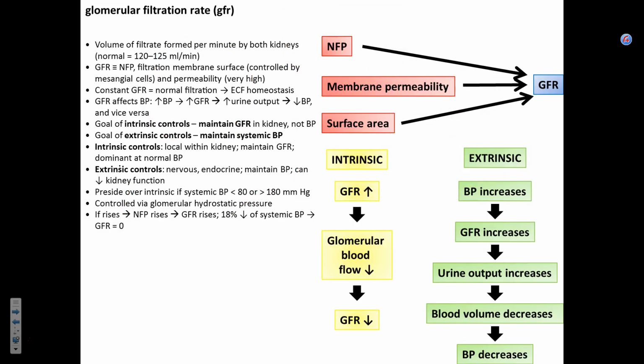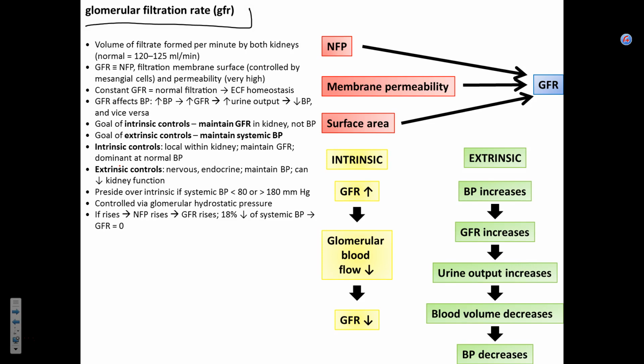Now, before we go on and chat about kidney function and glomerular filtration, right? Before we talk about kidney function and all the regulatory features of the kidney, we need to define what the glomerular filtration rate is.